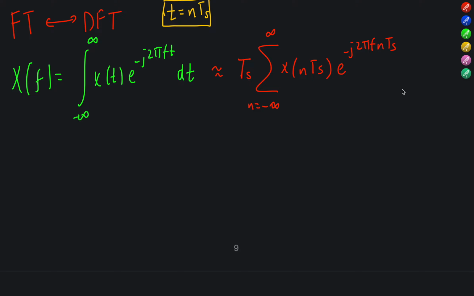Let's first take our X of f and cut it. I'm going to cut to N samples as we usually do.